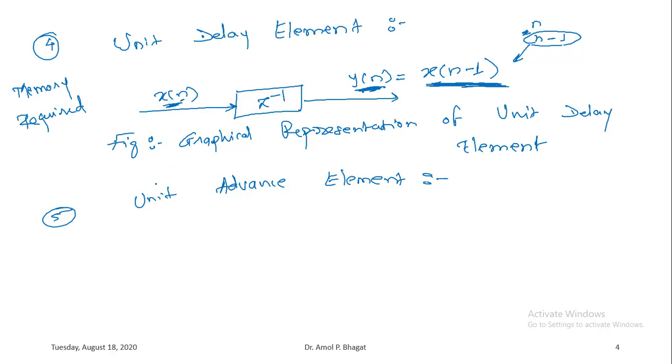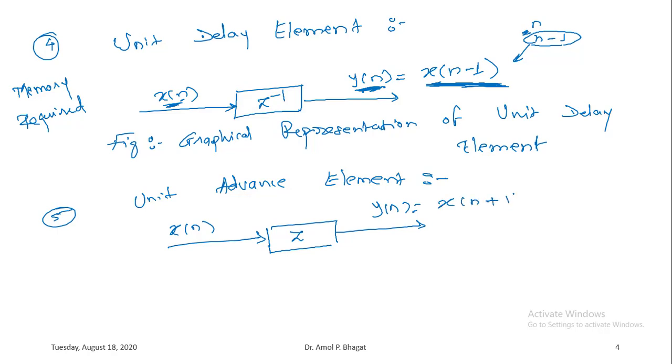So again it can be represented in a block diagram: you are applying input x of n to the unit advance element, which is nothing but z, which produces an output y of n, which is equal to x of n plus 1.